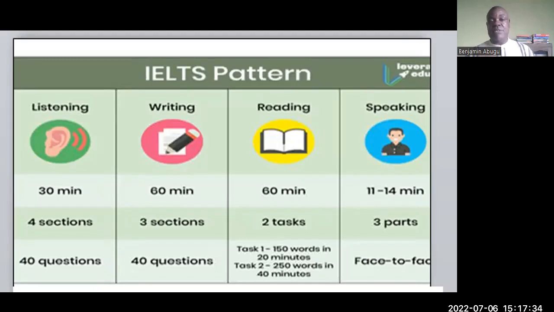There are 2 tasks that you have to perform. Task 1 should be done in 20 minutes, then of course you have task 2. Then the reading has 60 minutes. There are 3 sections and 40 questions. Then speaking has 11 to 14 or 12 to 15 minutes allowed. It has 3 parts and it is a face-to-face interview with an IELTS examiner.